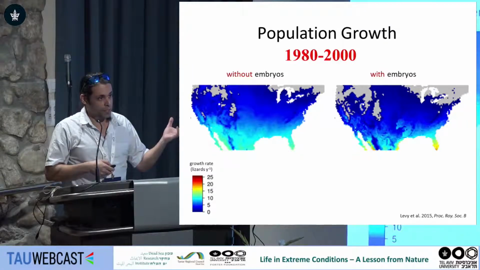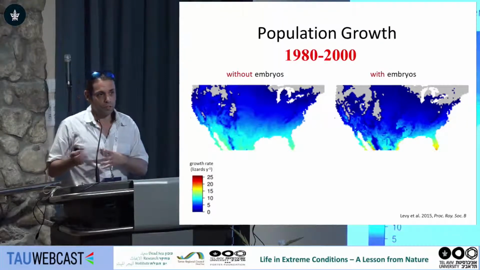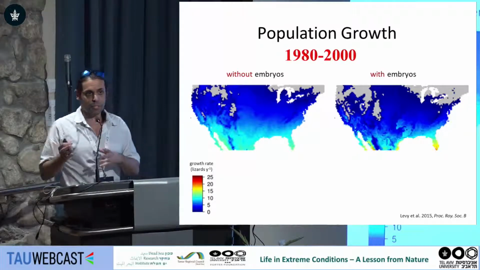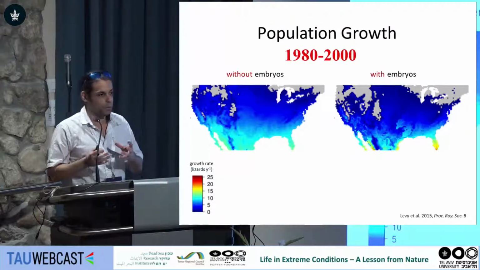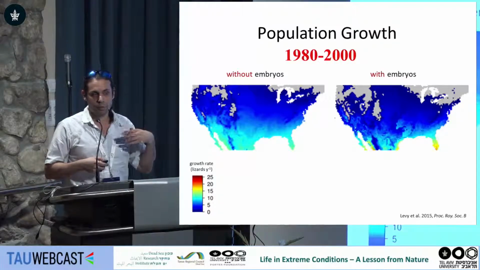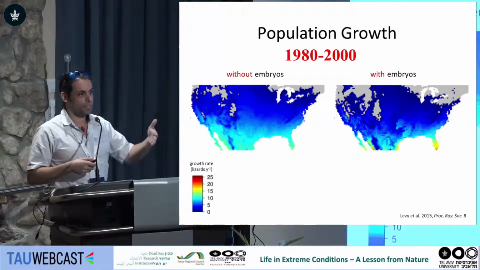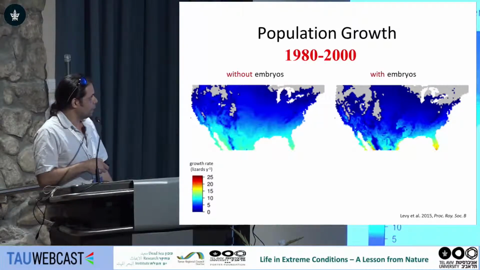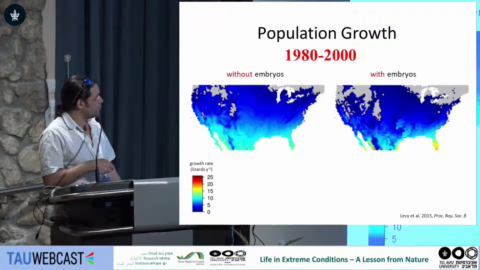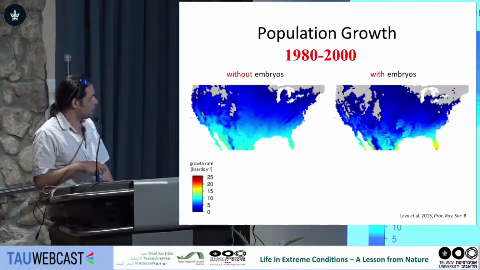Once you take the survival of embryos and the amount of energy that adults can get from the environment, you combine them into one variable that we call population growth rate, like how many lizards are going to be added to our population every year. And this is the population growth rates that we got from the model for the past climate, with and without the embryos.